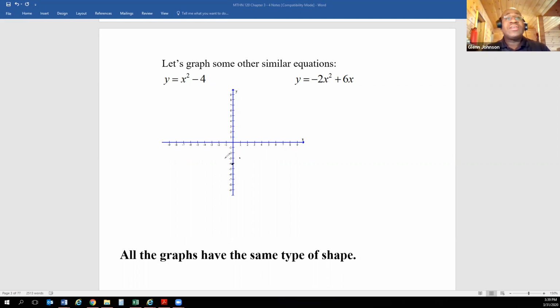The main difference is that it's going to be shifted down 4 units. So y equals x squared minus 4 is the graph that we have in black. The other function, y equals 2x squared plus 6x, if we look at the graph of this function, we'll see that it looks something like this.